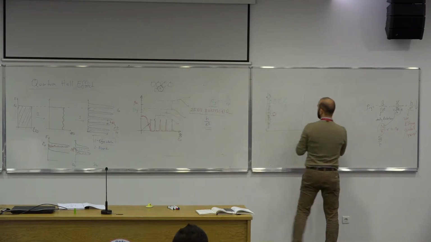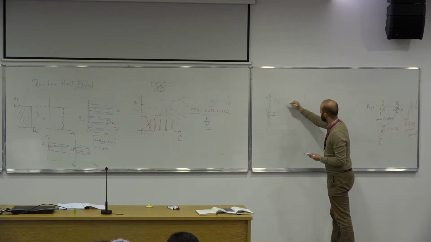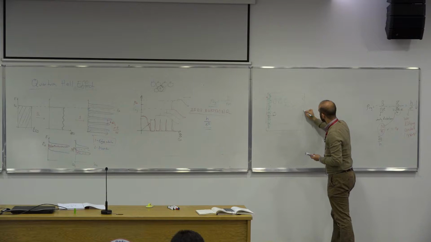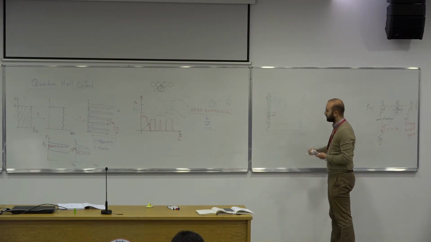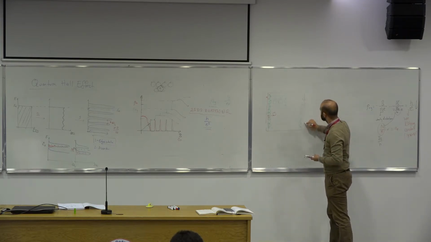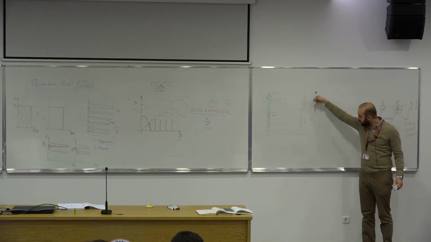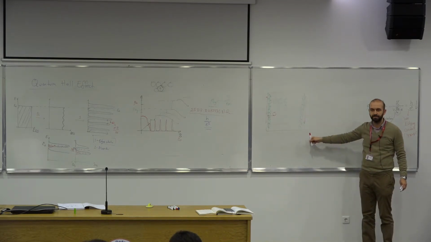Now let's look at the other edge. This time, because of the magnetic field, same rotation angle, my electrons will be doing the same thing, but this time they'll move in the opposite direction. And same thing that I explained applies to the electrons here. These electrons must move in that direction.